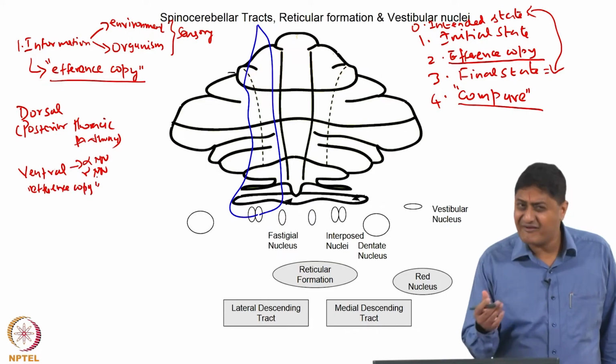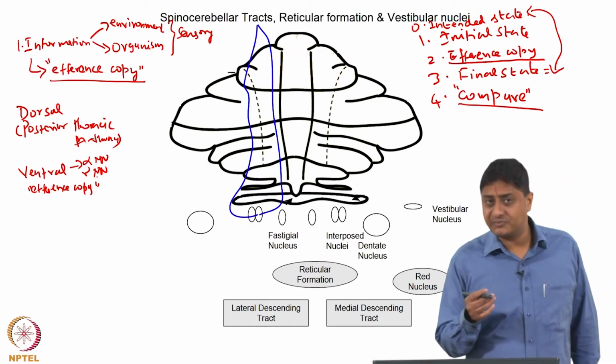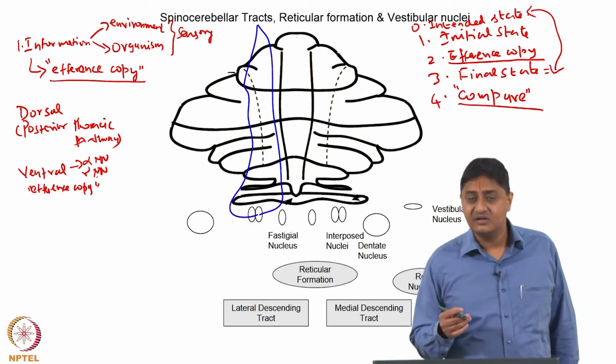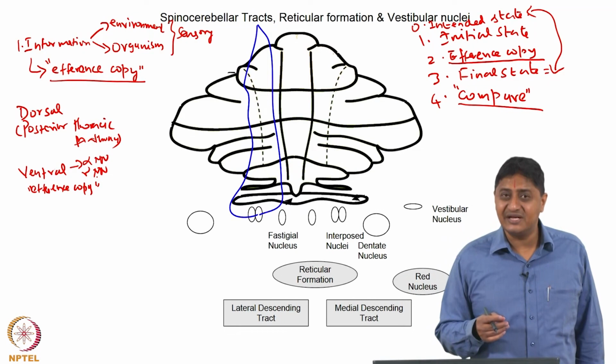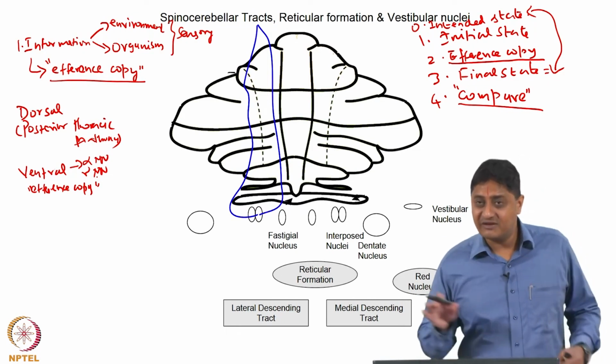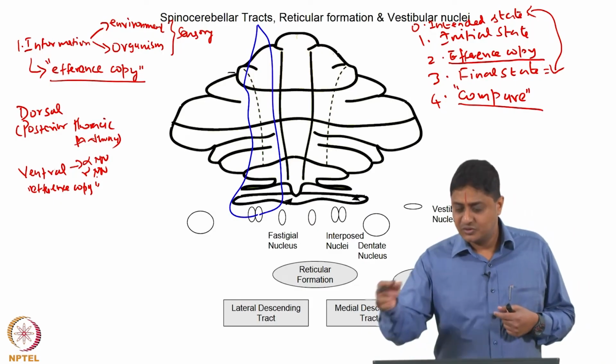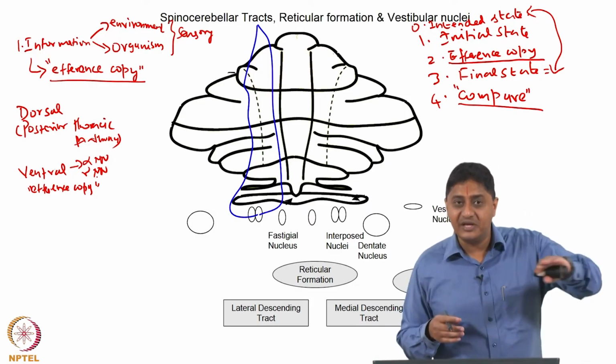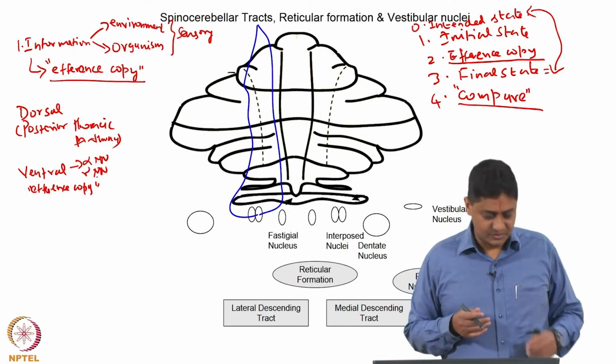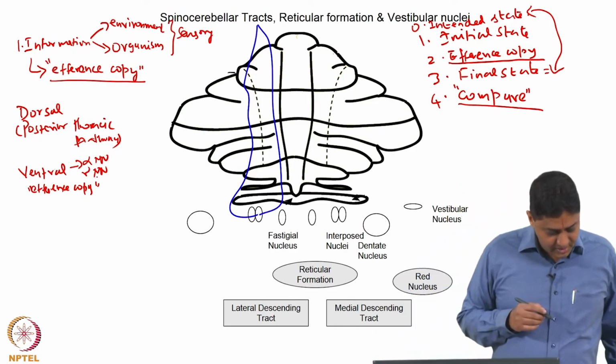So this is actually afferent to the spinocerebellum, afferent to the cerebellum, but it is bringing an efferent copy. So I am giving a command. Let us suppose I am giving a request to one of my students, and I am copying it to somebody else to ensure that they are doing that.